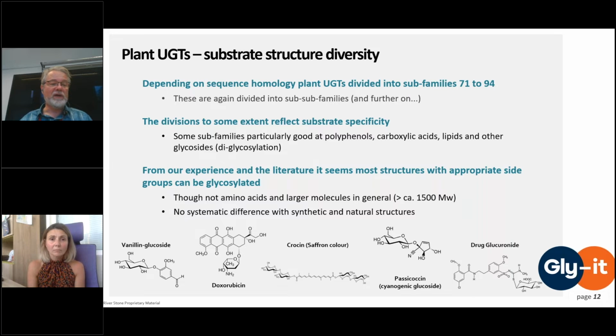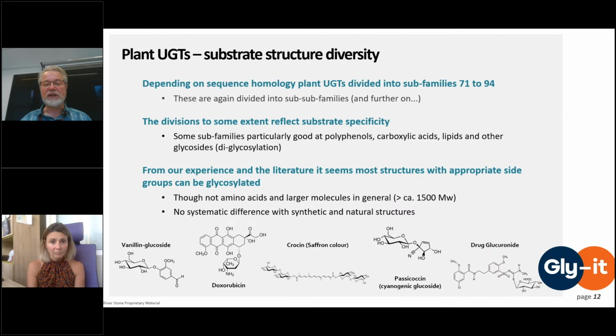Some examples from nature are below on the bottom of this slide. Vanillin glucoside. This is actually the form of vanillin that you find in the vanilla pod before it gets fermented and dried and so on. Doxorubicin, the cancer compound. Crocin, which is really a saffron color, has 4 glucose units sitting on it.